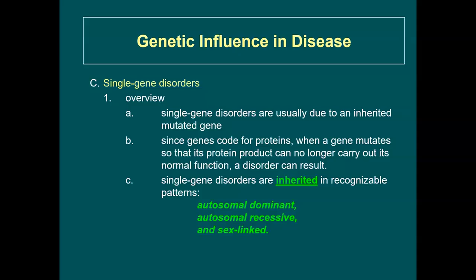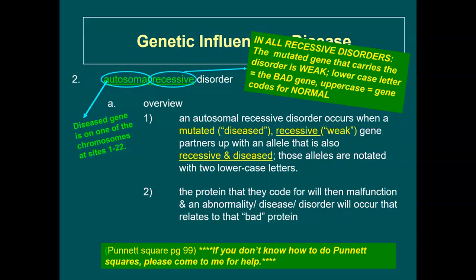When we talk about the inherited patterns, it is usually an autosomal dominant or autosomal recessive disorder, or it can be a sex-linked disorder. So when we talk first about autosomal recessive disorders, we're talking about the mutated diseased gene that is always the recessive gene.